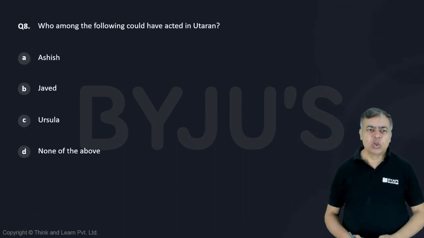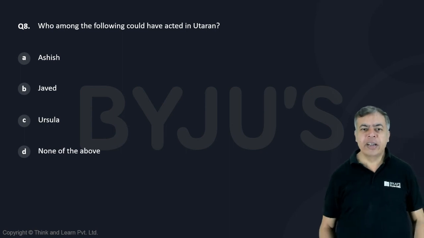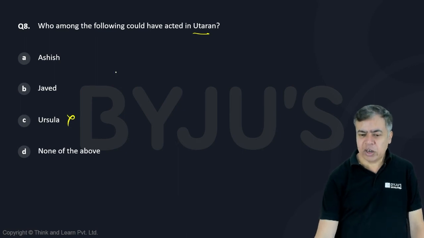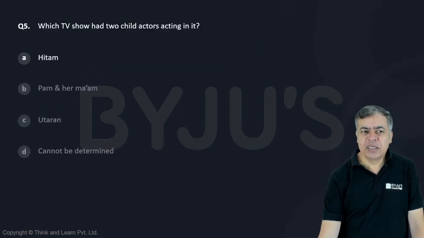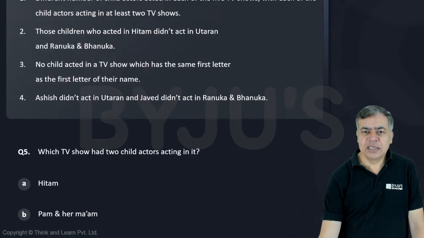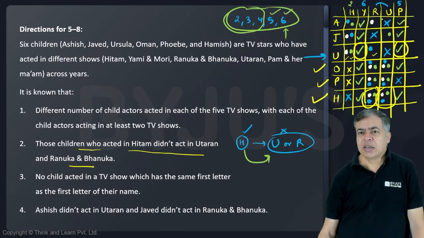Question is, who among the following could have acted in Uttaran? So you cannot act in it, right? Now A or J, let's see. Could have means the possibility. Let's see who could have worked in Uttaran.